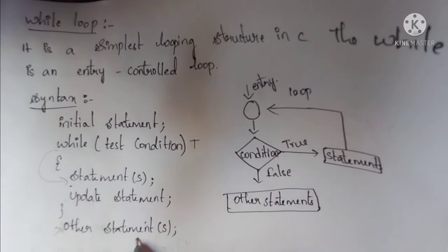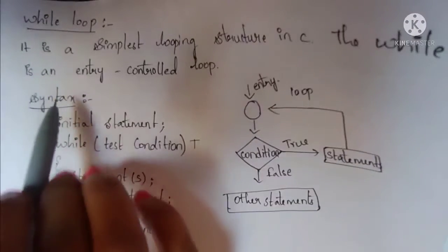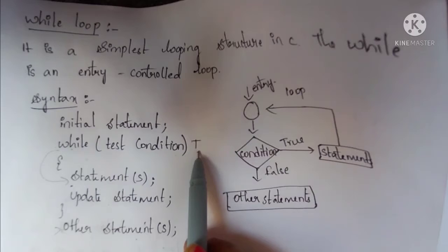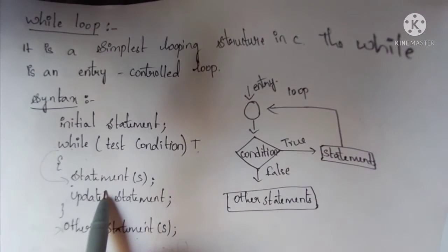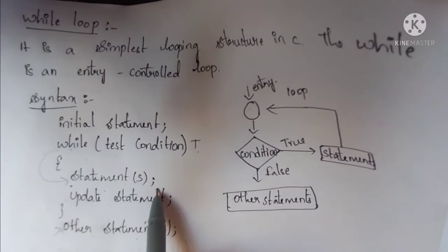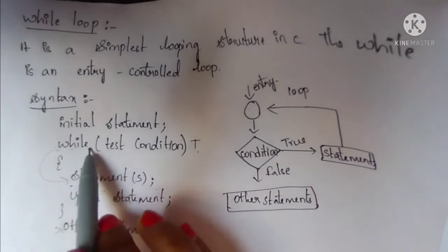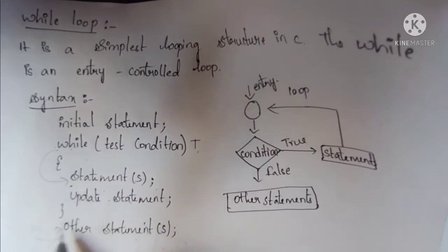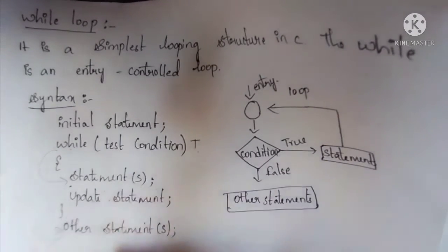So mainly in the while loop, only if the test condition is true will it execute the statement, or else it will not execute the statement, and it will execute the other statements we write below the block.